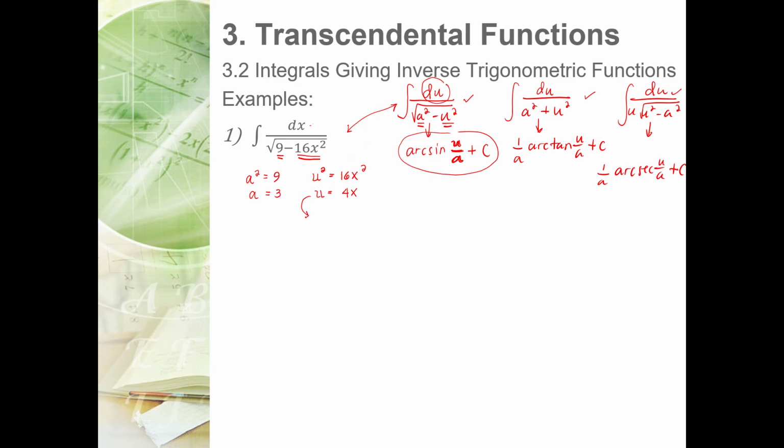Since you have u, du is equal to 4 dx. As I mentioned earlier, dx is not exactly equal to du, because du might be du over 4 or negative du. In this case, du over 4 is equal to dx.